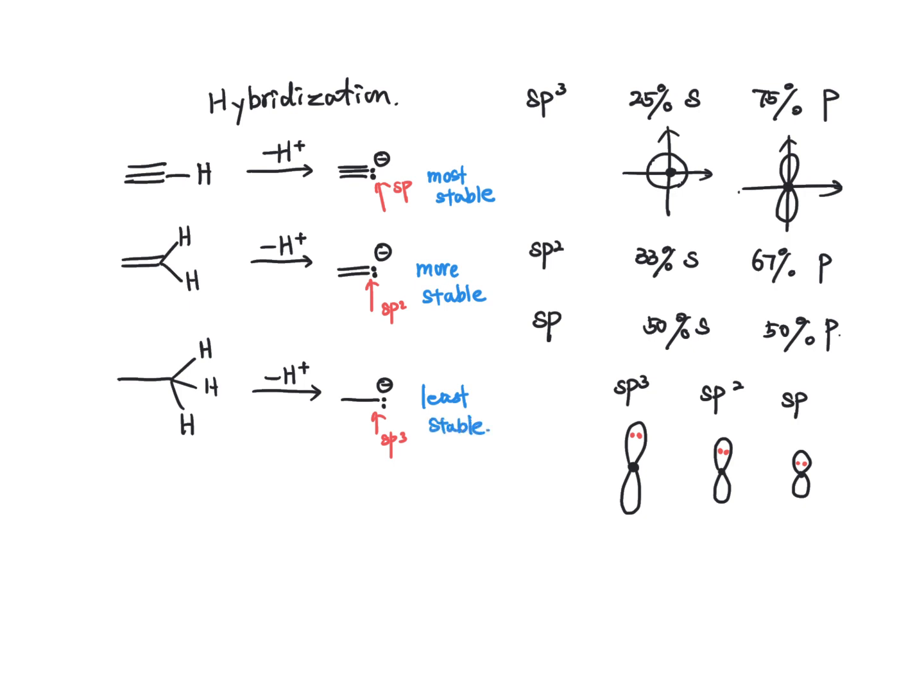Because the first one is the most stable, the alkyne will be the most acidic, followed by the second one, and this is the least acidic proton. So that is the hybridization effect. If the other element effect ties, resonance ties, induction ties, then we look at the hybridization. So this is how we apply the HAIR rule to determine the acidity of the protons on the molecule.